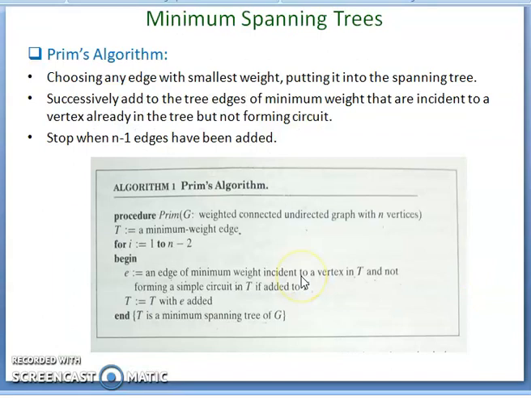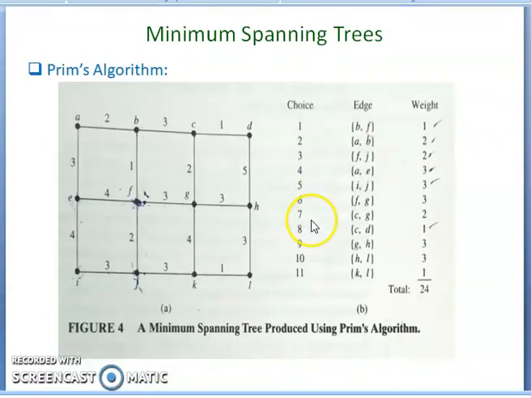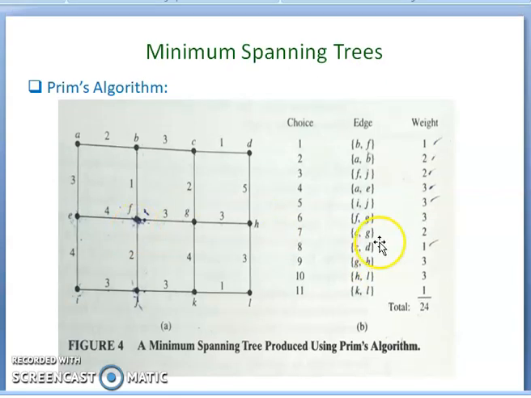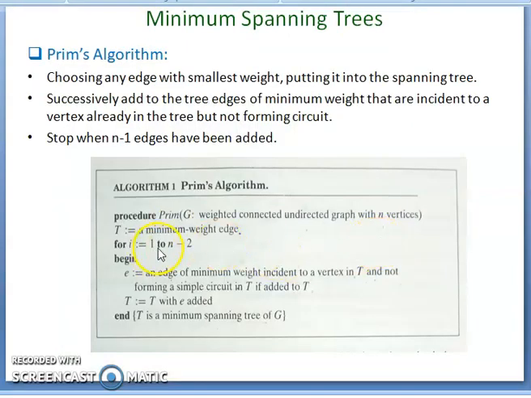This is Prim's algorithm. T is the minimum weight. The initial weight is this one, BF. And i equals 1 to n minus 2. Total n minus 1. Already taken one edge, so totally n minus 2. Each edge with minimum weight incident on this vertex, and there is no simple circuit.